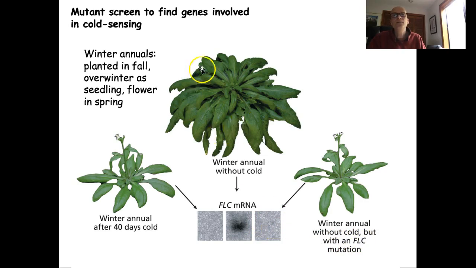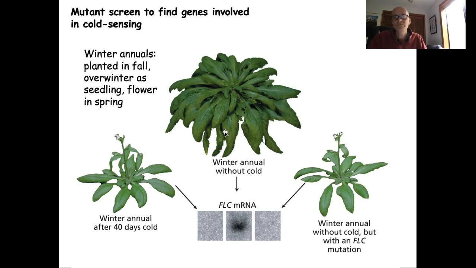And here's what a winter annual looks like if you don't put it in the cold. If you just leave it in the greenhouse or in the growth chamber, if it requires cold, it just won't start to flower. It will continue to make leaves and leaves and leaves until it reaches the time when it's time to flower.